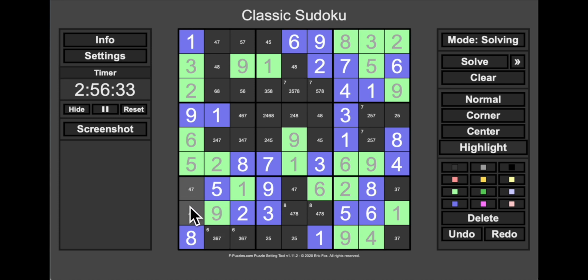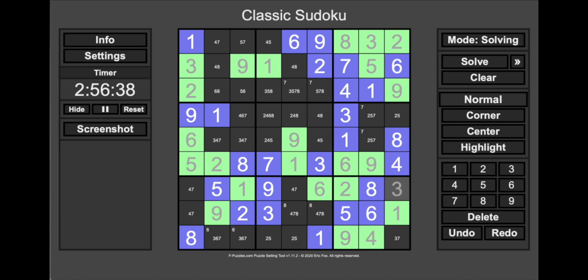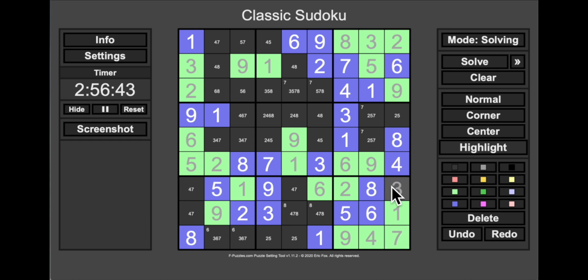Okay. 4-7 here. Oh, 4-7's also in row 7. That tells me this is 3, which tells me that's 7. These are known good digits.